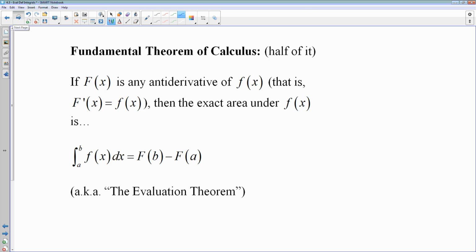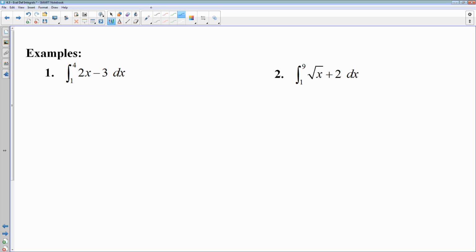So let's do a few. Number 1 here. It's the area under this function from 1 to 4, so I'm going to need to find the antiderivative of 2x minus 3, which is x squared minus 3x. And just to make an example, I'm going to go ahead and put the plus c in there. So x squared minus 3x plus c.